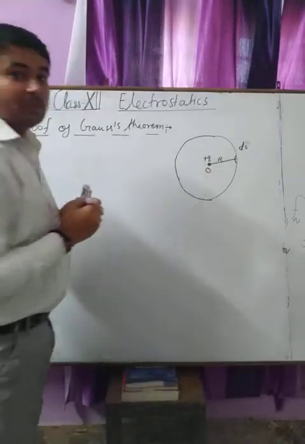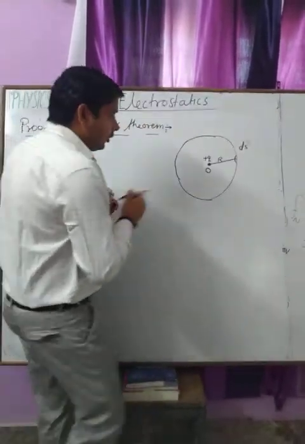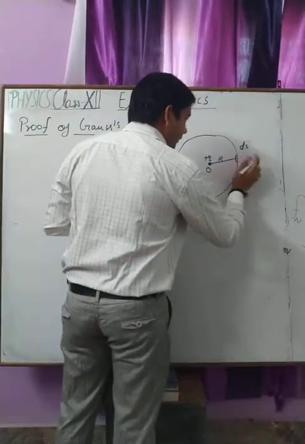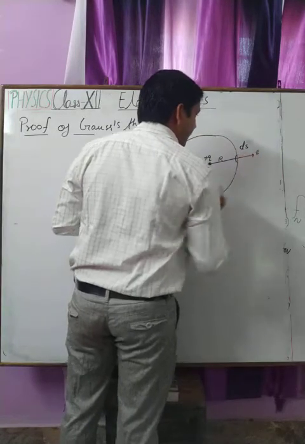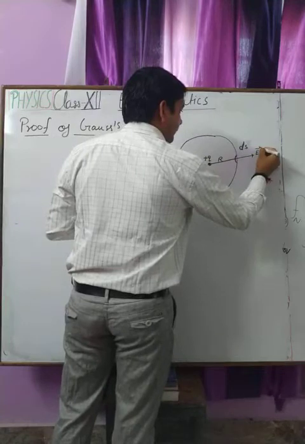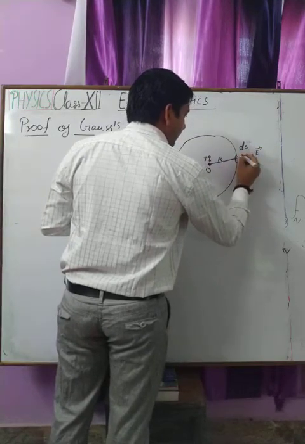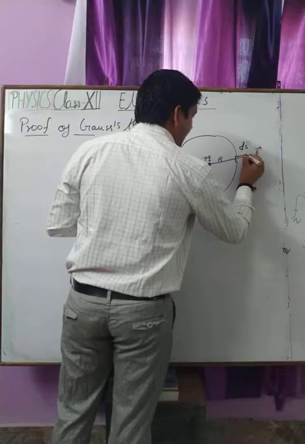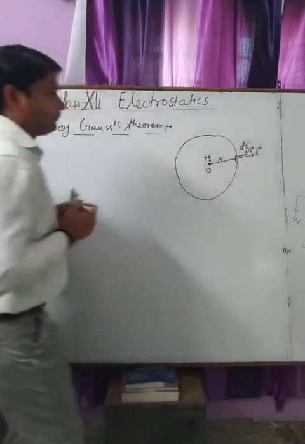The electric field at every point on this surface is radially outward, and the area vector of the element is vector dS.